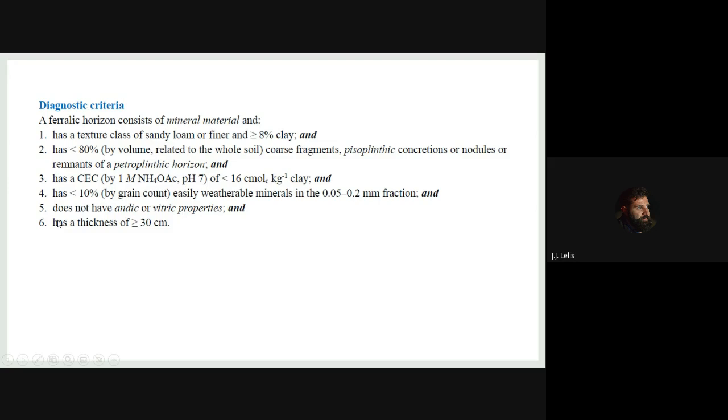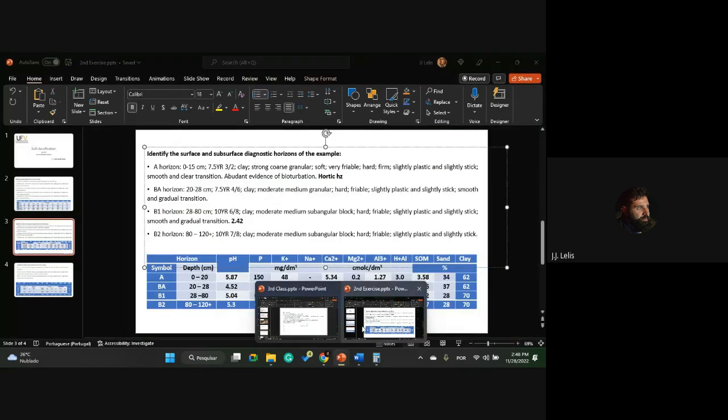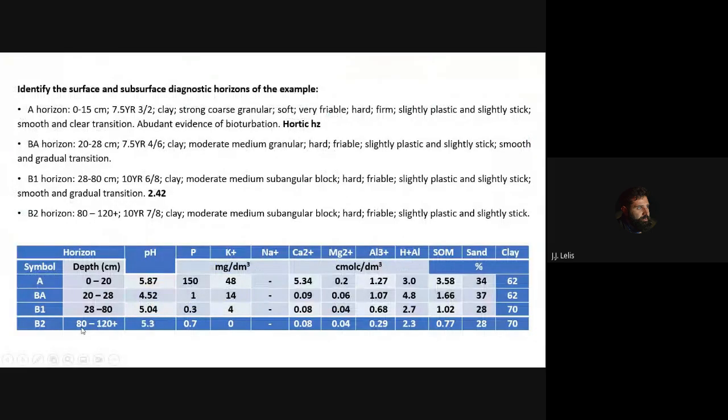And the ferralic horizon should possess a thickness that is equal or higher than 30 centimeters. So we have, in this case, just the B2 horizon, we have 14 centimeters. So we are following all the criteria for a ferralic horizon. So the B2 horizon is a ferralic horizon, and if we calculate and evaluate the B1, it's also a ferralic horizon.